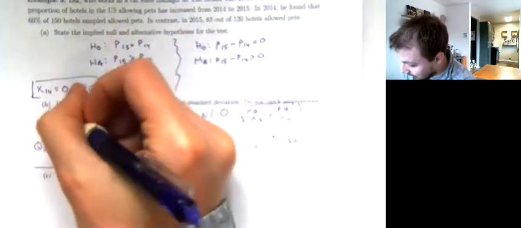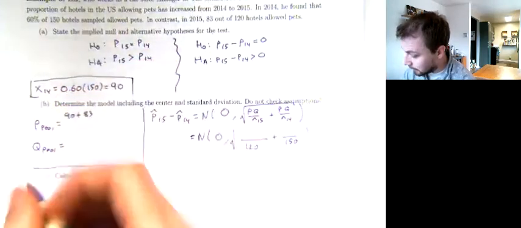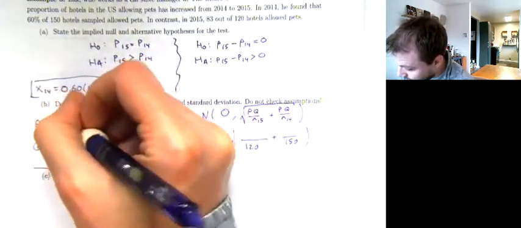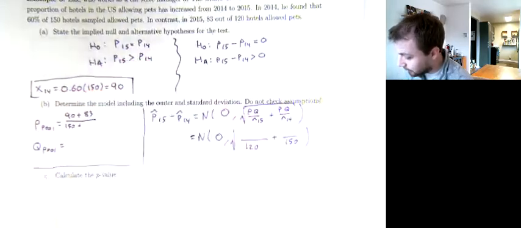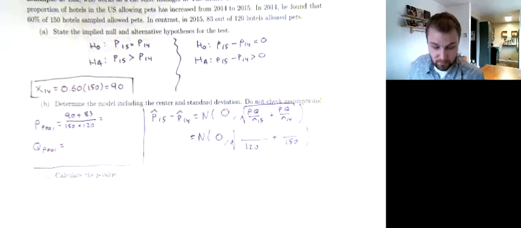So in total, I had 90 for the first year, and I had 83 for the second year. I sampled 150 hotels in the first year. I sampled 120 hotels in the second year.